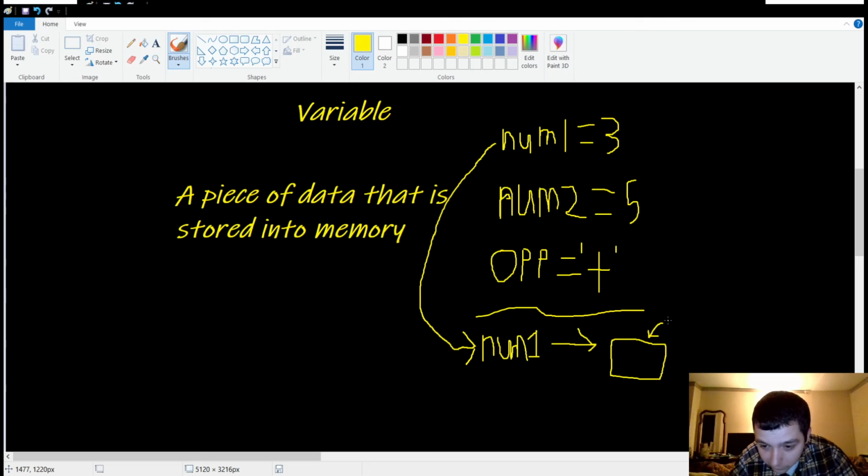That's not the term, but it would have some kind of ID, something to know that this is the piece of memory being allocated to that variable.